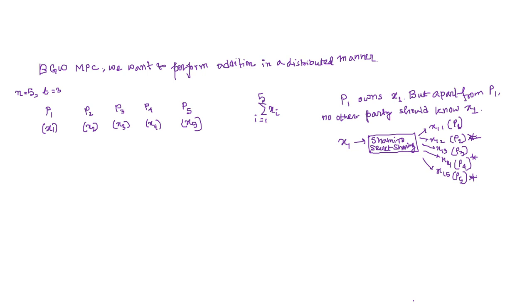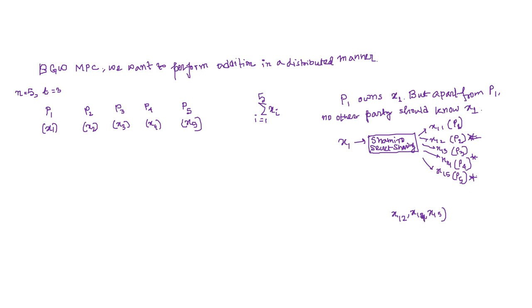So that adversary will essentially know the values of x12, x14 and x15 because P2, P4 and P5 are under his or her control.